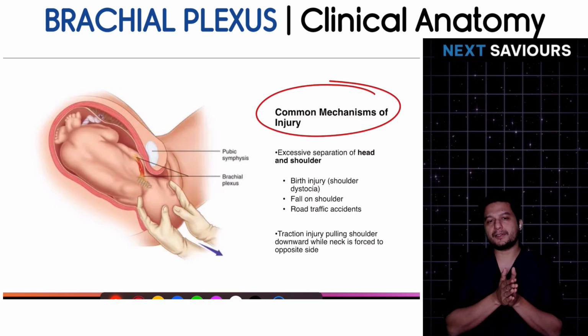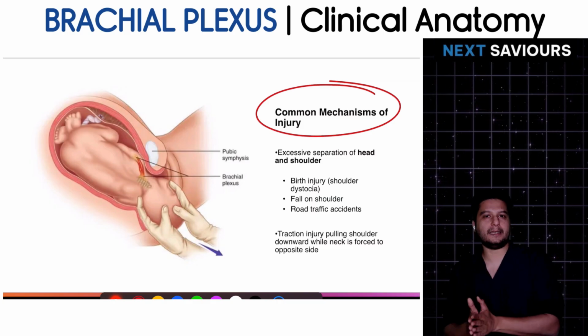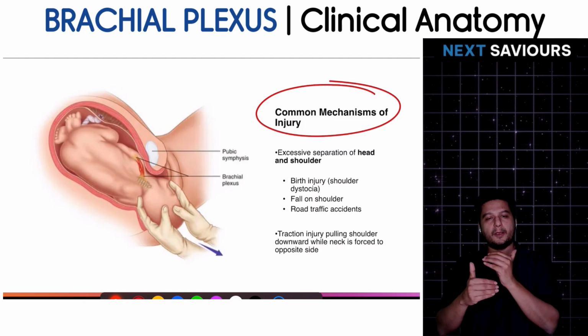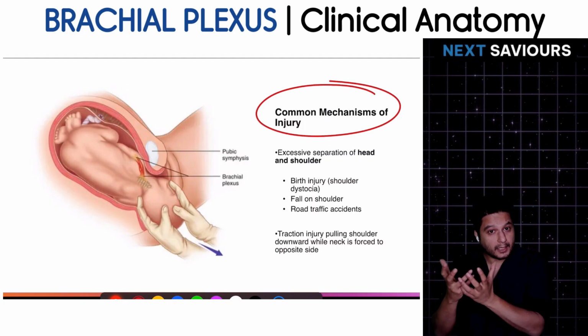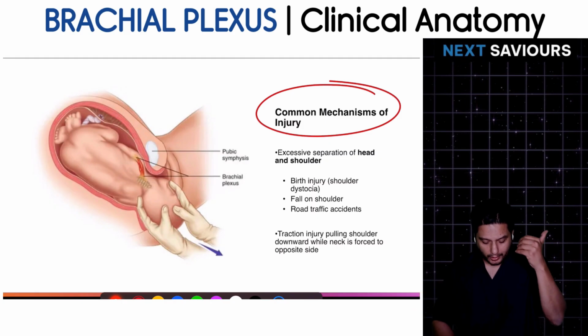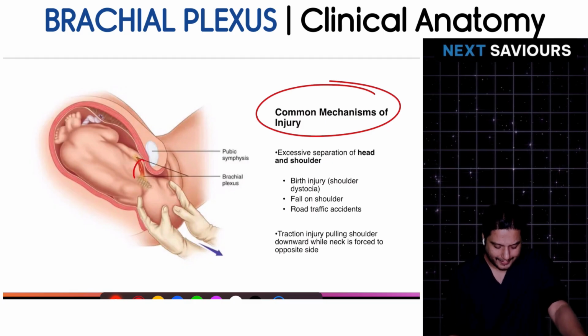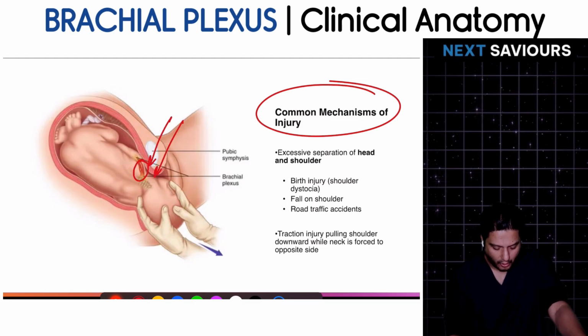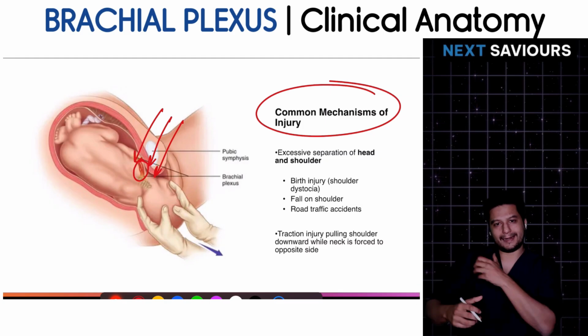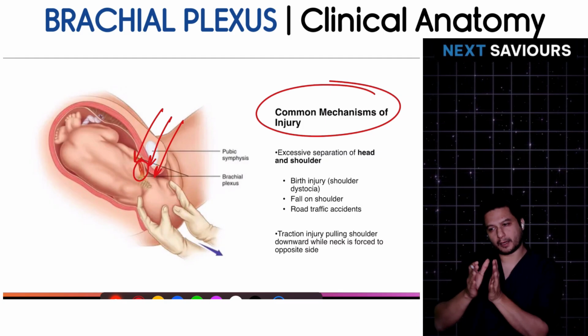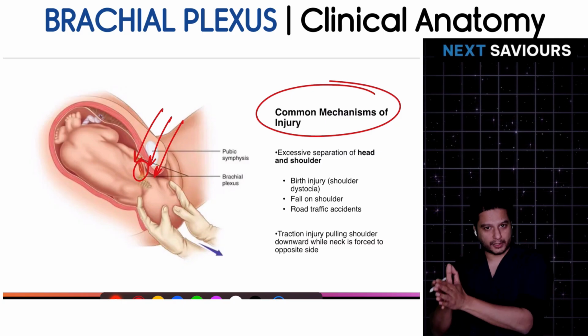Particularly these types of injuries are very, very commonly seen in newborns, because of obstructed labor, where the shoulder gets stuck under the pubis of the mother, thereby creating an obstruction.